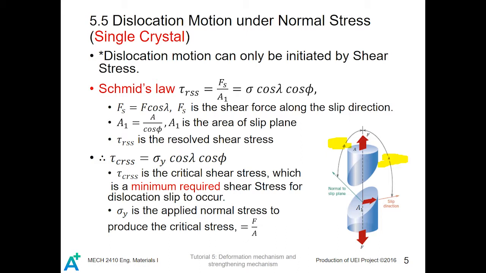That means when you apply this amount of stress, the material will start to deform in that particular direction. We can use this equation to calculate or predict some dislocation or deformation under an expected force.